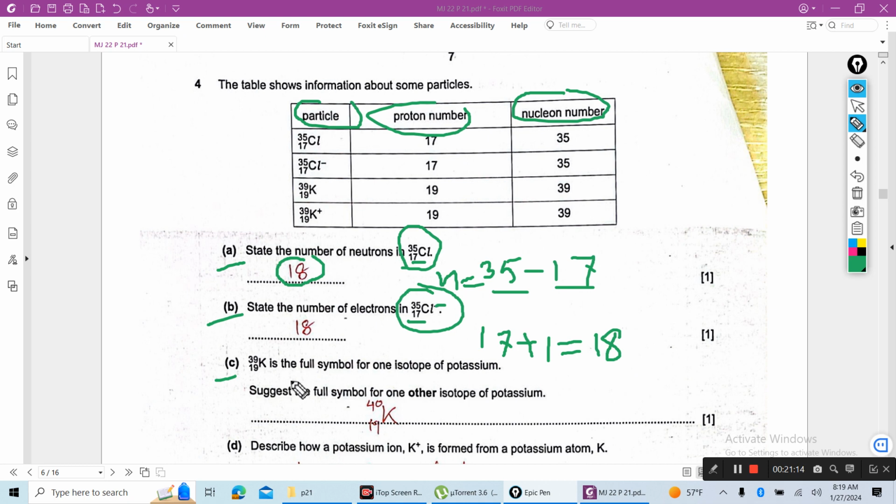Number C, a full symbol is given for one isotope of potassium. Suggest the full symbol of the other isotope of potassium. Proton number same, mass number different. So this is 39, the other has one more mass number, 40.